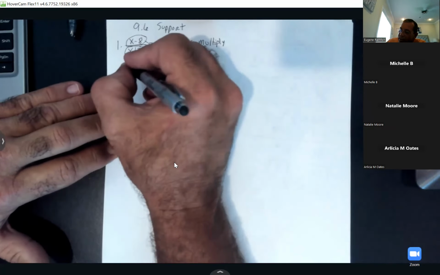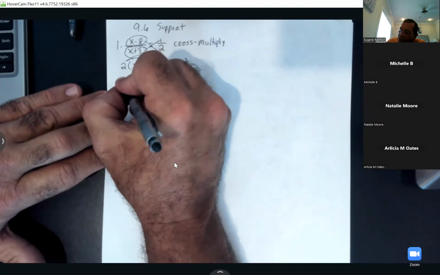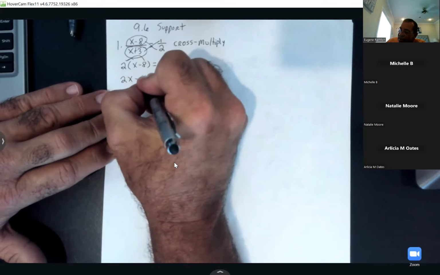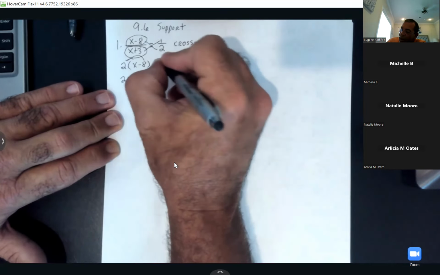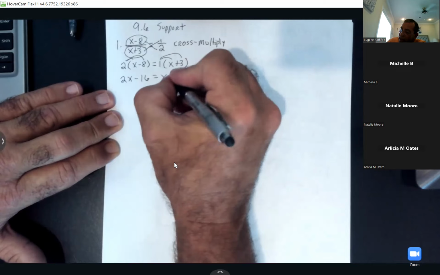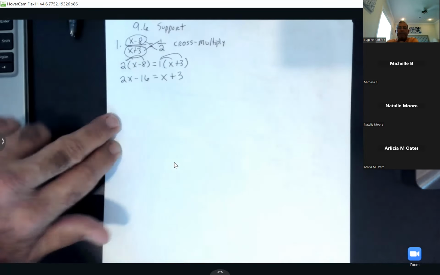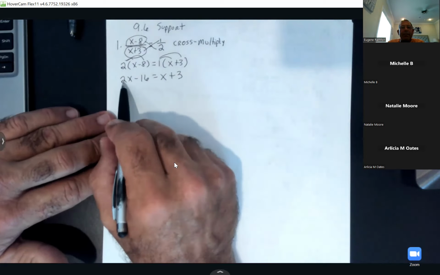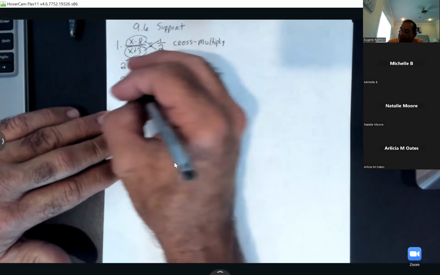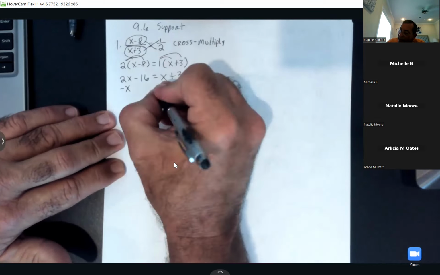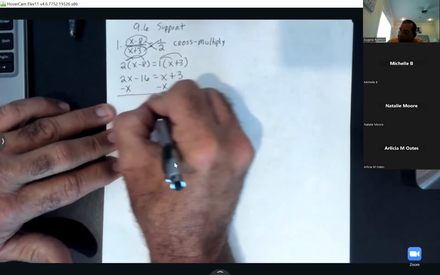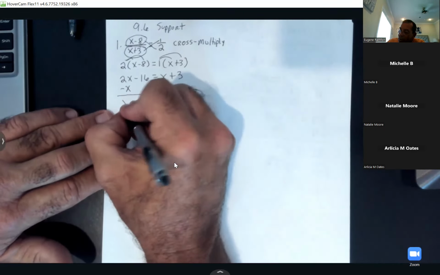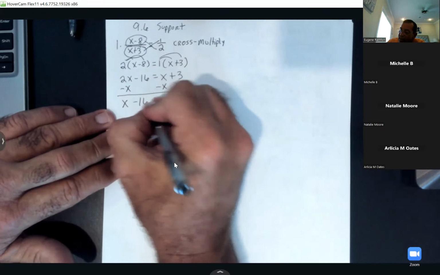Now get rid of parentheses, distribute your 2. You get a 2x minus 16. Over here, distributing the 1, you're going to get an x plus 3. All right, so I'm going to get the x's on this side, the numbers on that side. So first, I'm going to subtract the x. So 2 minus 1 leaves me 1x minus 16.